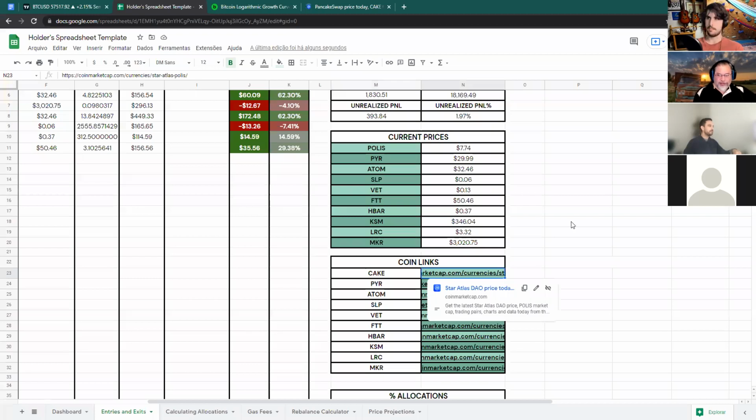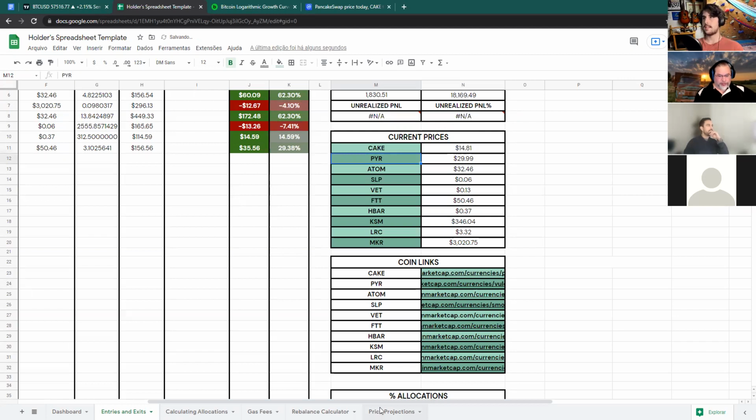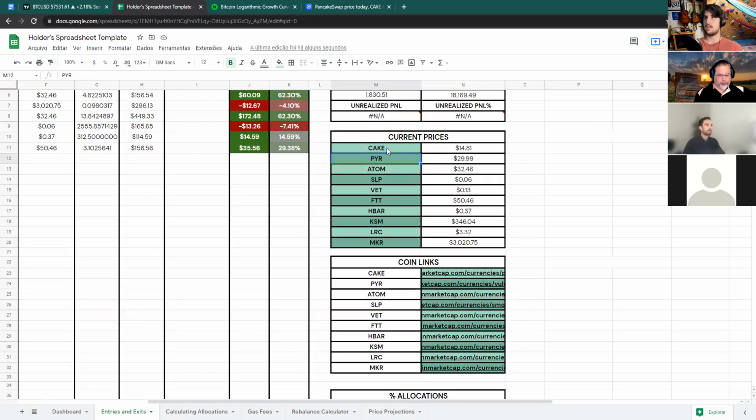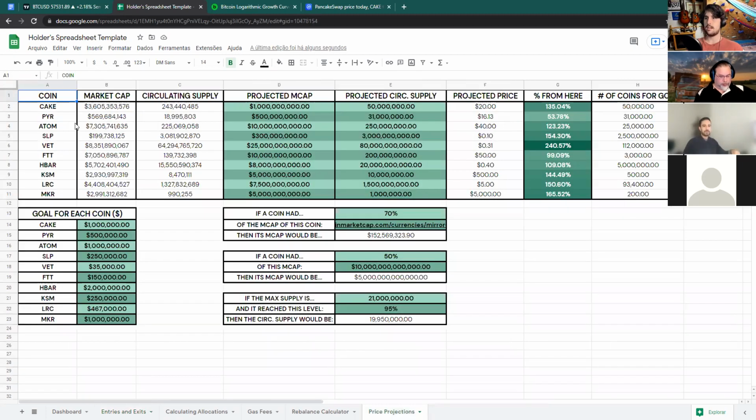Actually, I had to do it like this, and I have to replace the name right here. As I switch this, you can see the Cake price is live, and also the Cake market cap, and its circulating supply.